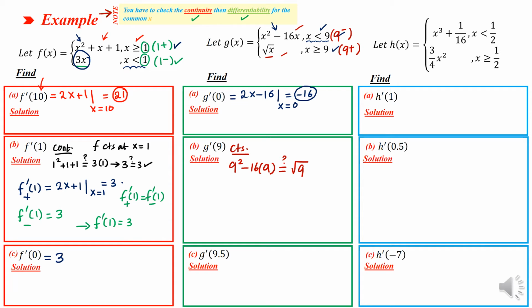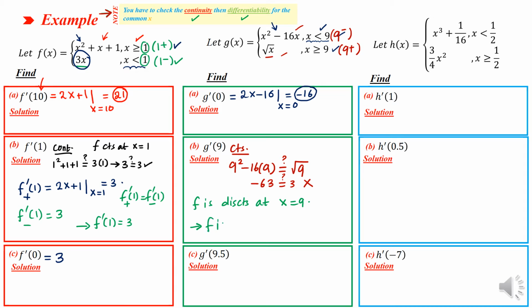On the left hand side, the answer is negative 63, and on the right hand side, square root of 9 equals 3, which means they are not equal, and this means that g is discontinuous at x equals 9.